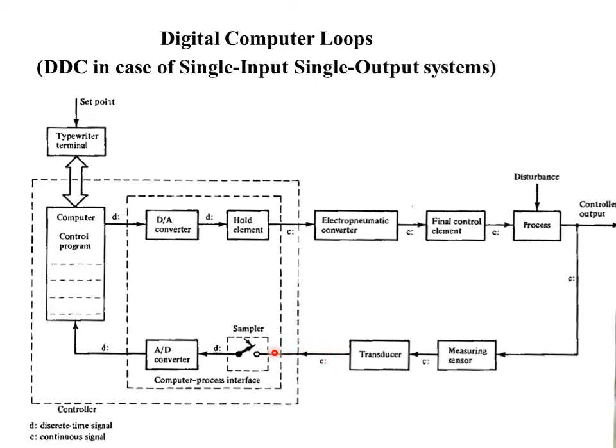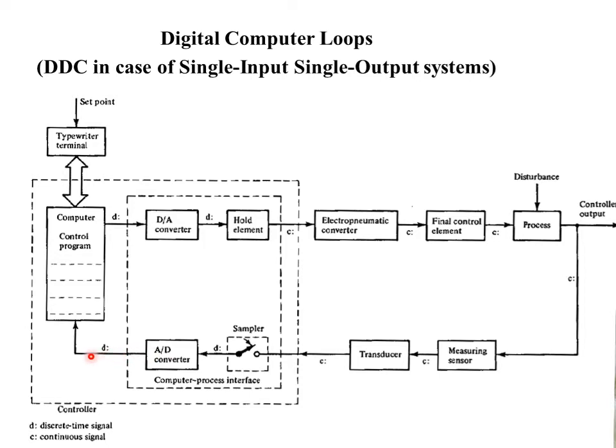It goes through a sampler. I think you all know what a sampler is, and it gets converted into a discrete signal, and that discrete signal is given to the A to D converter, which is analog to digital converter, and that gives the output in digital form.